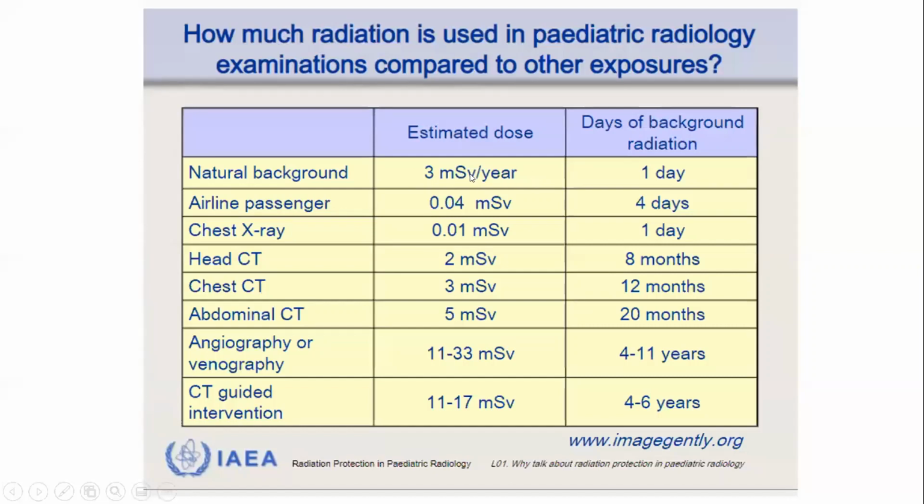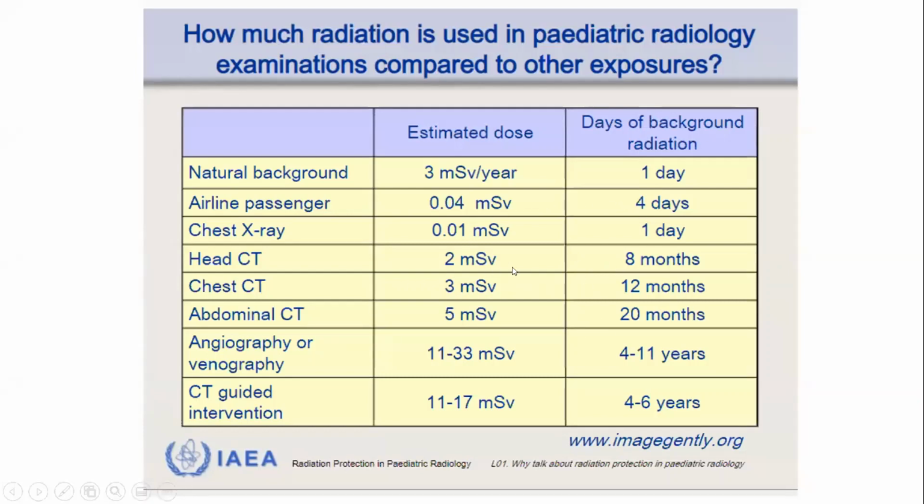Millisieverts is the unit we measure radiation. So chest X-ray, it's just 0.01 millisieverts. That is equivalent to 1 day of background radiation. If you do a CT brain, that is 2 millisieverts. It is equivalent to about 8 months of background radiation. And a chest CT, it's about 3 millisieverts.